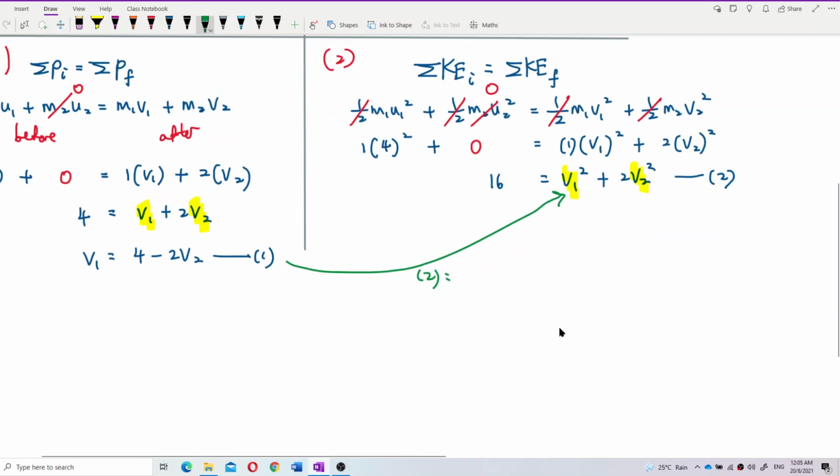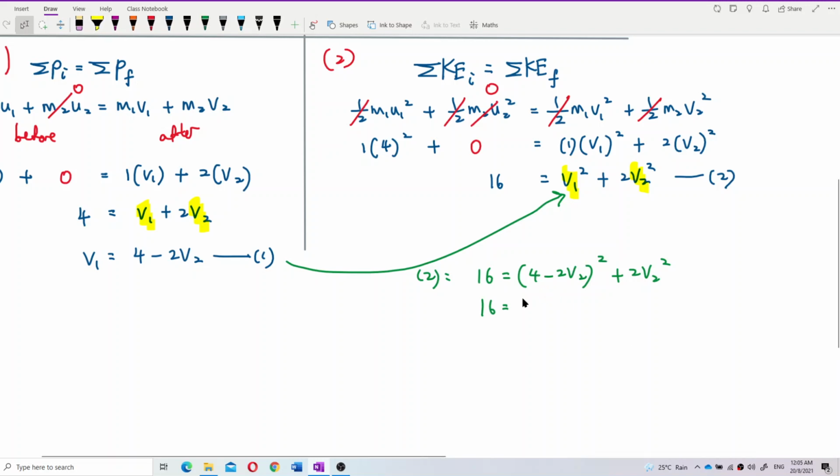Let's solve it. 16 equal to V1 squared, where V1 is 4 minus 2V2, according to equation 1. Don't forget the square, because V1 got squared. So then we have (4 minus 2V2) squared, and we need to expand.